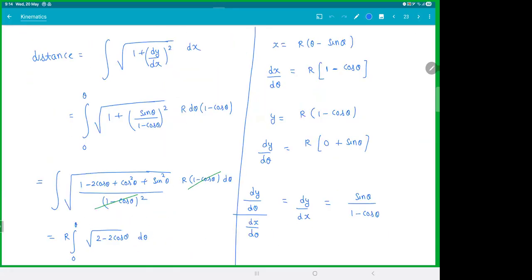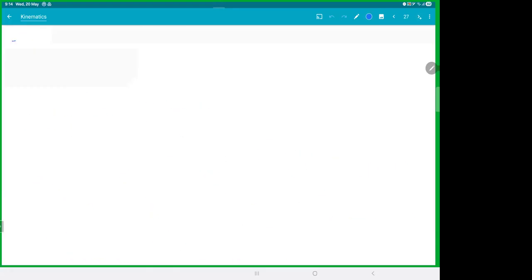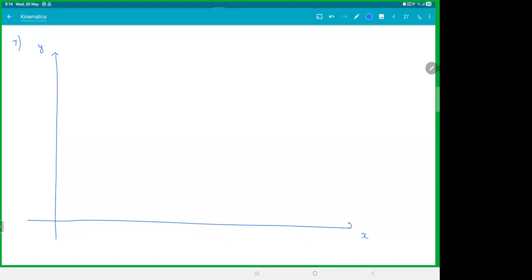So let's see a question on directions before going ahead. Let's say we have a particle, x coordinate and y coordinate. Just draw the path maybe. So let's say it is going something like this. This particle is going from A to B. It's going along this curve.